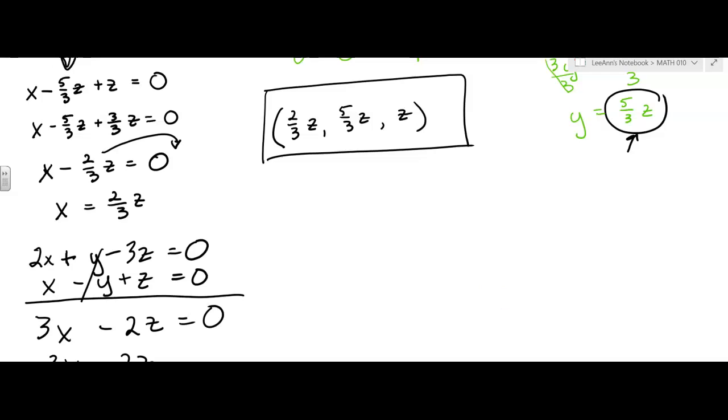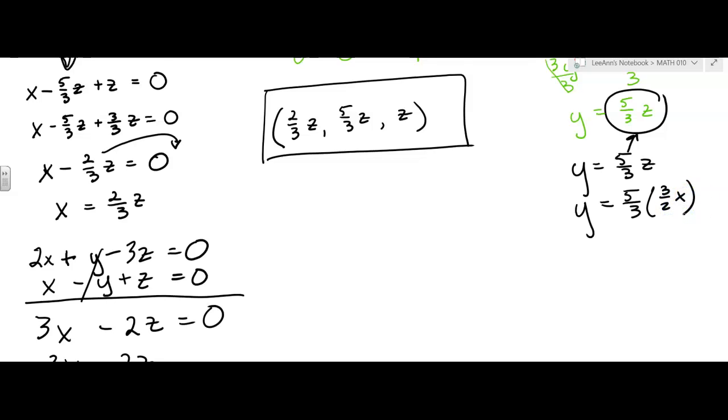Now what was my y? My y was 5/3 z. But I just got an expression for z in terms of x, and I forgot what it was already. 2/3. Nope, it wasn't 2/3. It was 3/2 x.